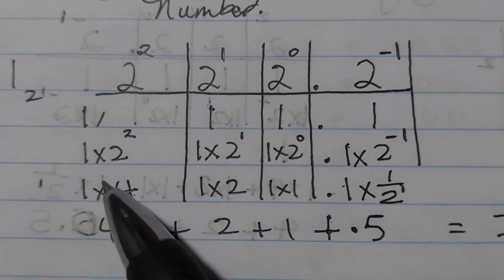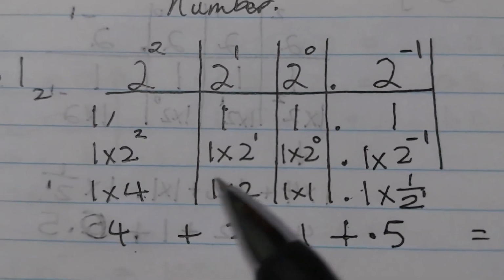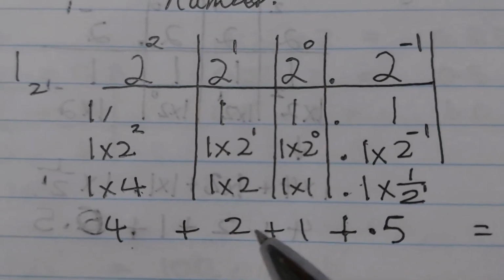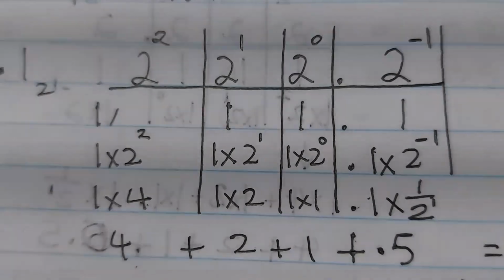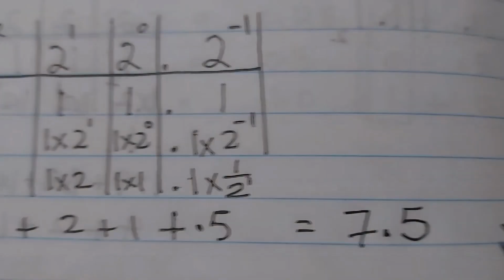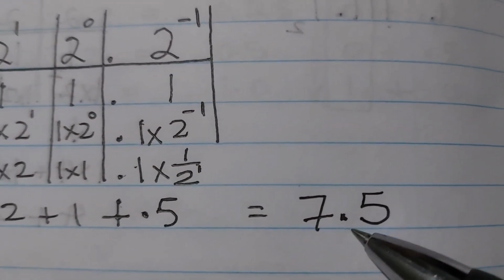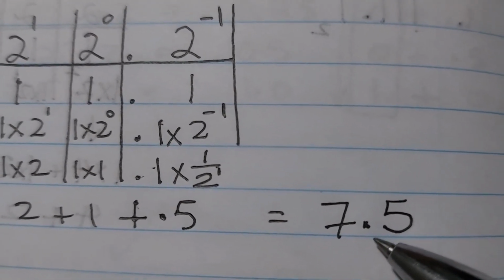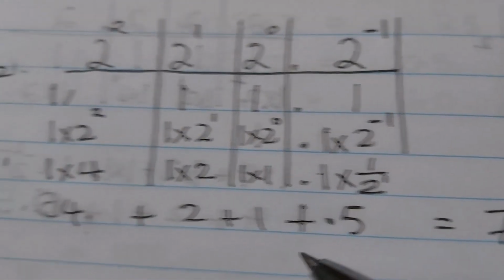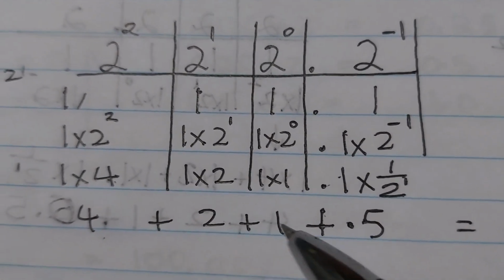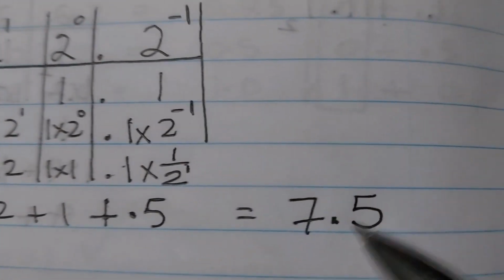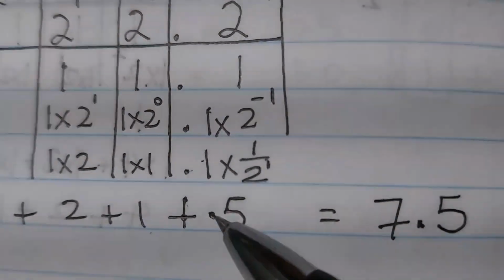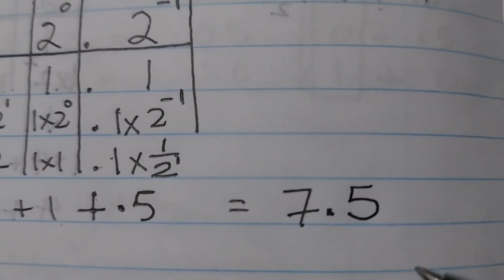So what we are going to do is add these numbers to get the equivalent answer in decimal, the equivalent decimal number, or what we refer to as a denary. So 4 plus 2 plus 1, that's 7 for the whole number section, and 0.5 for the decimal section.